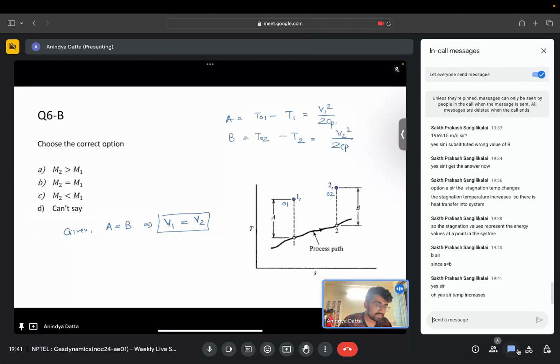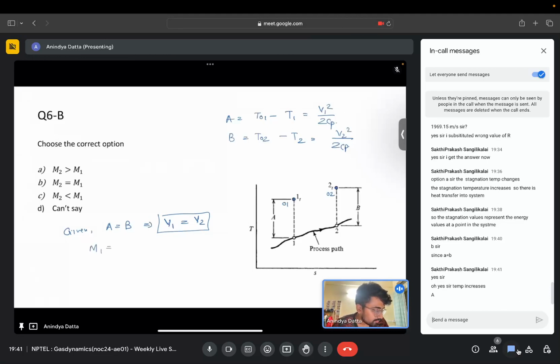Yeah, it's pretty evident from the figure that T2 is greater than T1. So what is Mach number 1? M1 is V1 by square root of gamma R T1 and M2 is V2 by square root of gamma R T2. Okay, let's take a ratio of these two, M1 by M2.